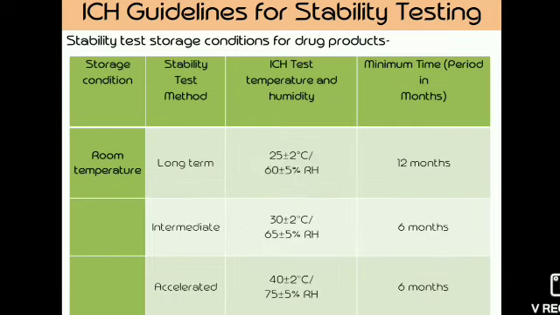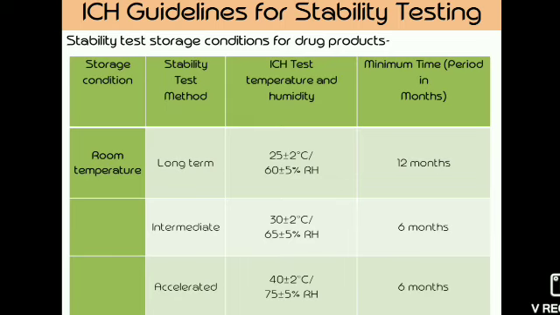Now this is the stability test storage condition for drug products. So there are three storage conditions, where first one is room temperature. So the stability test method is of three types: long term, intermediate and accelerated. Second one is the temperature and humidity, and third one is the minimum time period. So for the long term, 25 plus minus 2 degrees Celsius for 60 plus minus 5% relative humidity and stored up to 12 months.